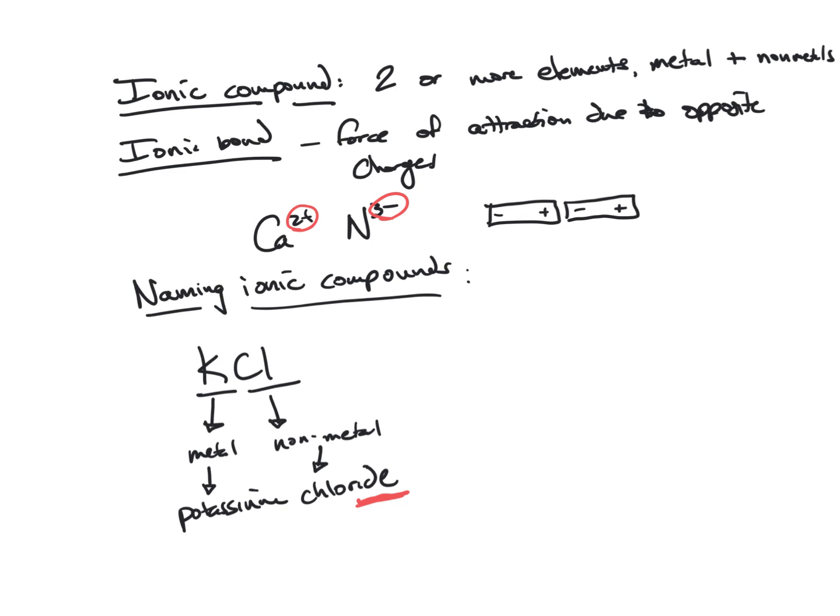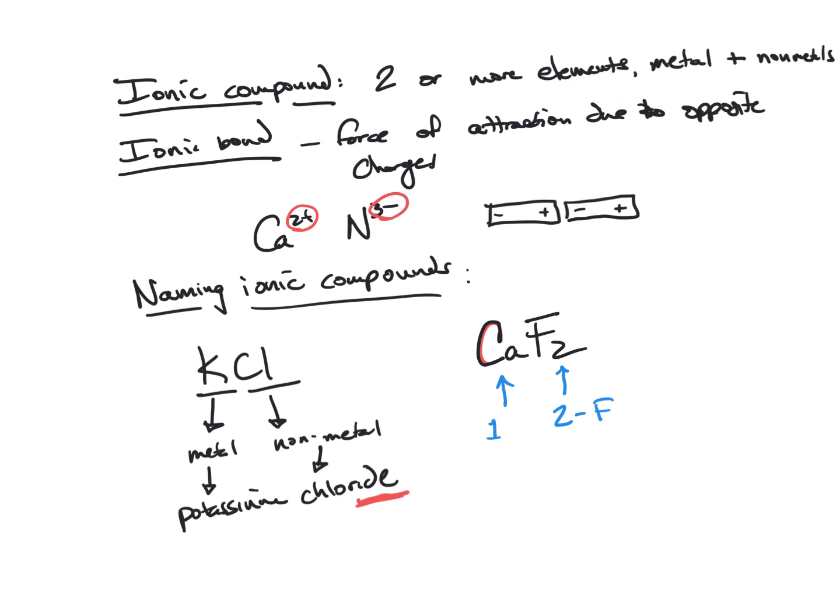You might run across some compounds that have subscripts. Let's say you have CaF2. What I'm talking about with a subscript is this number down here. All this really means is you have 2 fluorine atoms in this compound and just 1 calcium atom.